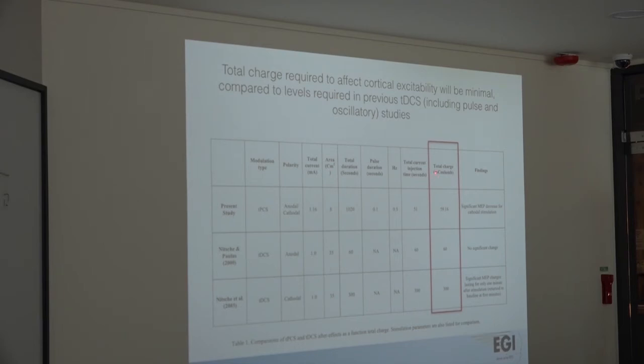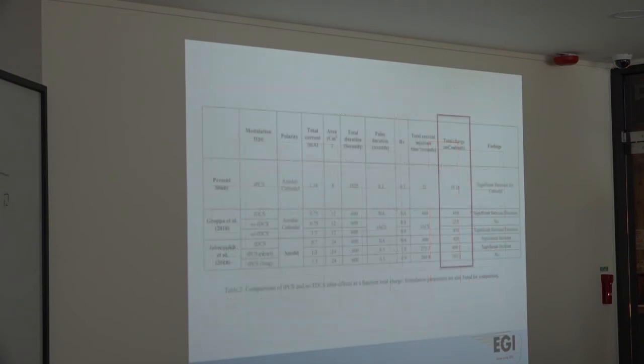The unit is millicoulombs. It's about 60 in our current study. In a previous study where they used tDCS, about 60 millicoulombs, they got no change whatsoever. Nothing happens. You have to go up to about 300 to see some effects. So with the pulse, because it's more physiologically plausible, more realistic in terms of how cells respond, you should need less energy, and that's essentially what we see.